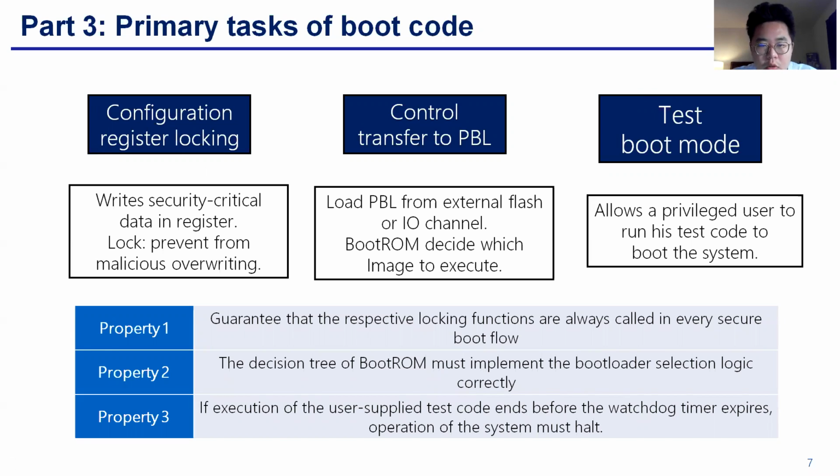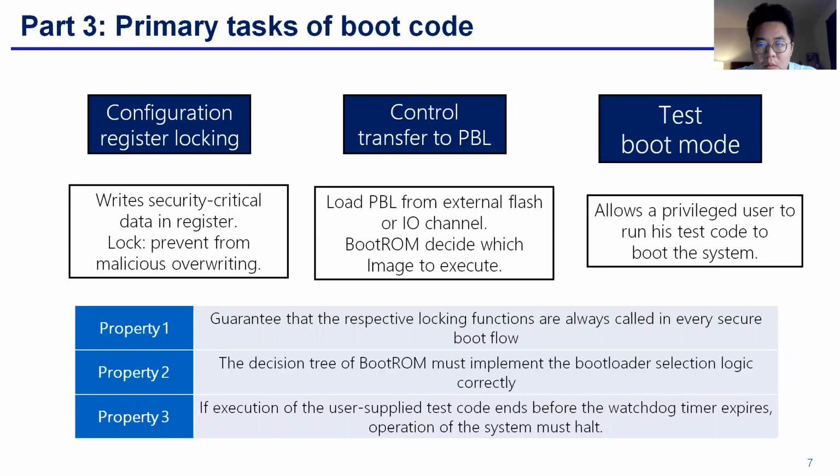So the boot ROM locks these registers after writing the configuration value and before control is transferred to untrusted firmware. The locks provide the benefit of protection against modification by an untrusted agent. The property of the locking is to guarantee that the respective locking functions are always called in every secure boot flow.